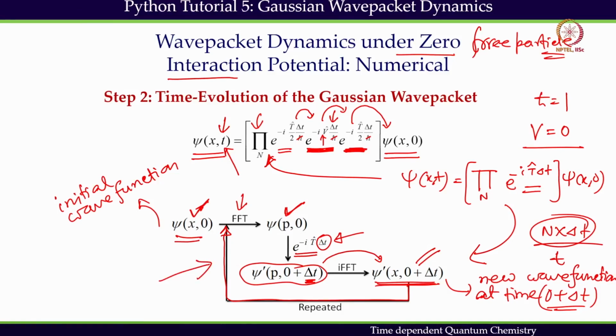So, we will use a for loop to repeat this one for every delta t with psi dash. This psi dash will be serving as the new initial wave function for the next iteration of the loop. So, we will use the for loop for implementing this one.